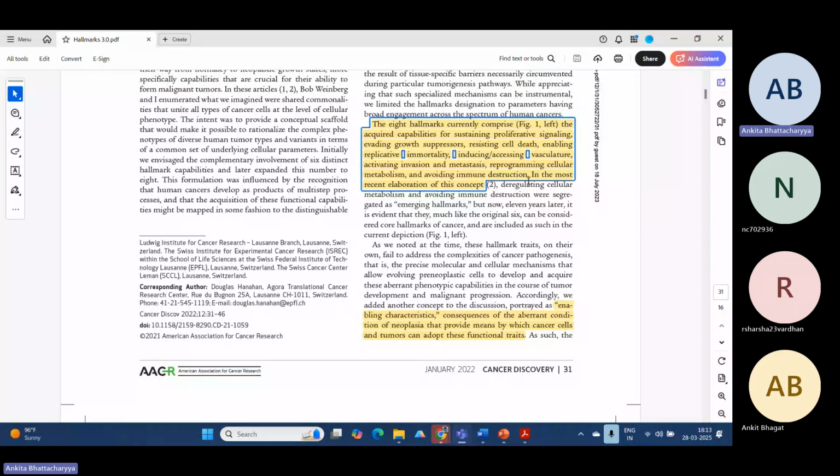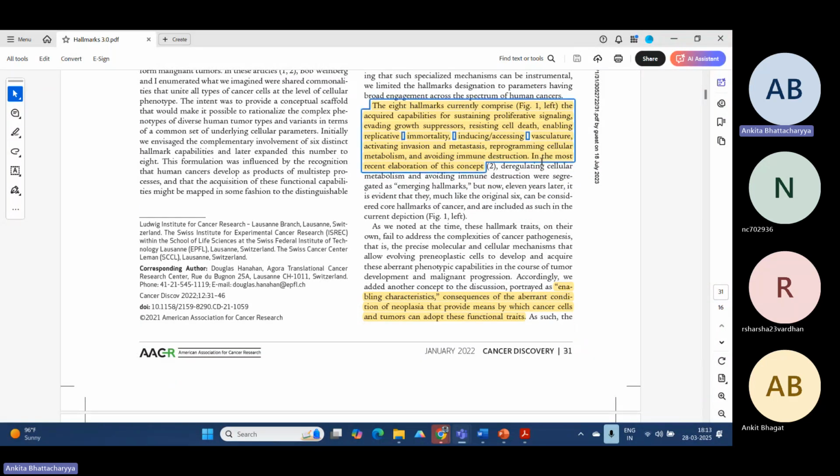These were added later on, but the core six hallmarks were added first. But what they have also talked about were the emerging hallmarks, which included the deregulation of cellular metabolism and avoiding immune destruction that were segregated as emerging hallmarks in the previous concept.